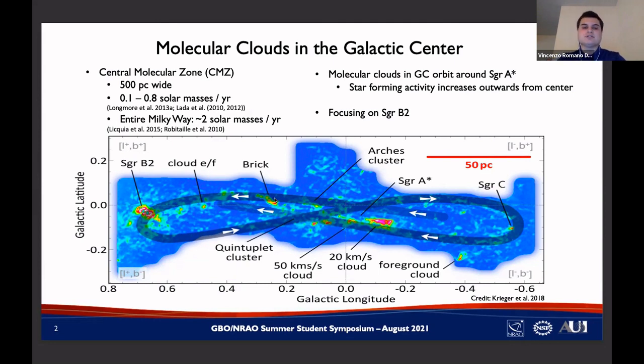Cloud Brick has some star forming activity, Cloud E/F has a little bit more, and then Sagittarius B2 has even more. What's interesting about Sagittarius B2 is that its star forming activity is even higher than what we might expect for the gradual incline here. My project will be focusing on the very complex nature of Sagittarius B2 and characterizing the gas and how it illustrates the star forming features in the cloud.